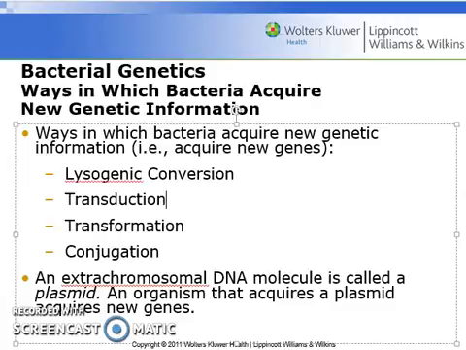Now, the process of lysogenic conversion actually requires the use of what we refer to as a bacteriophage. A bacteriophage is a virus that contains DNA or RNA, and that phage is going to inject its DNA into the bacterial cell, such as a syringe would inject an antibiotic or a vaccine into a patient.